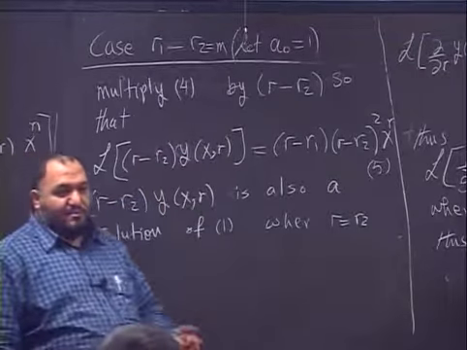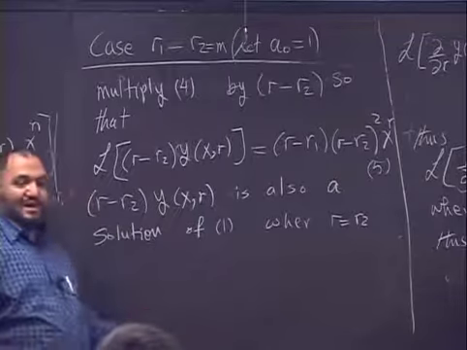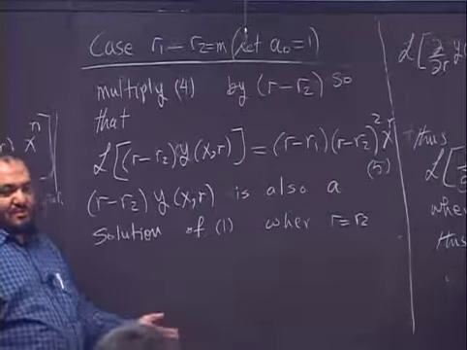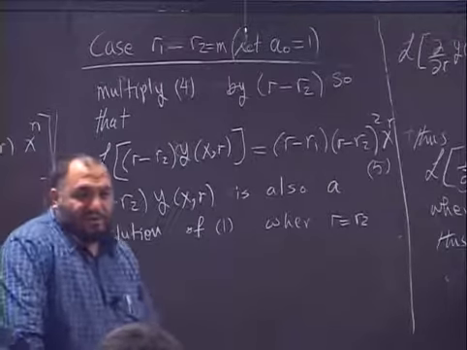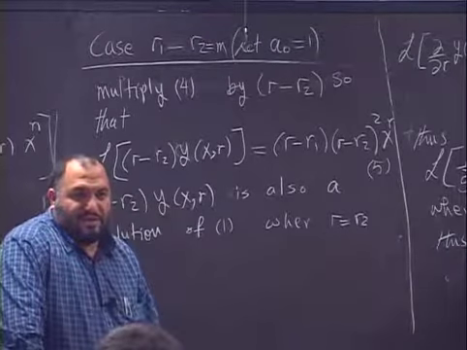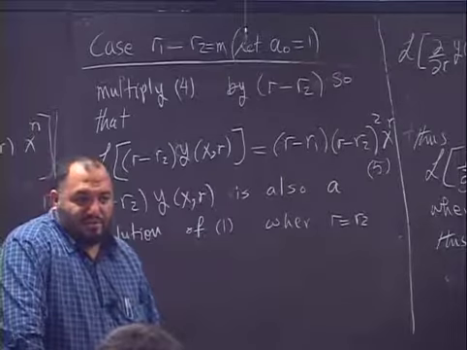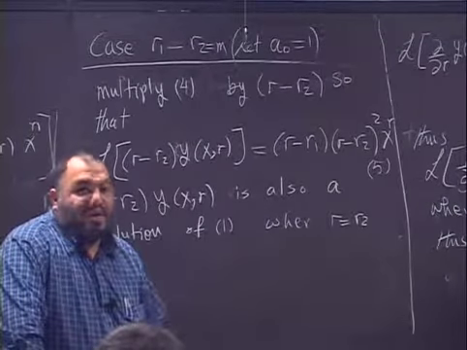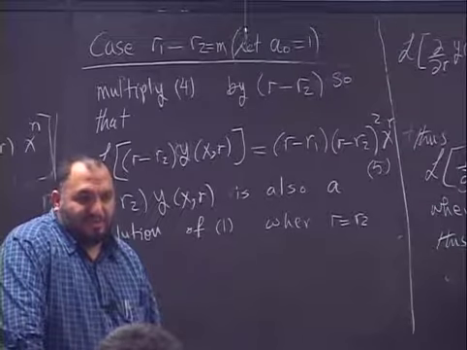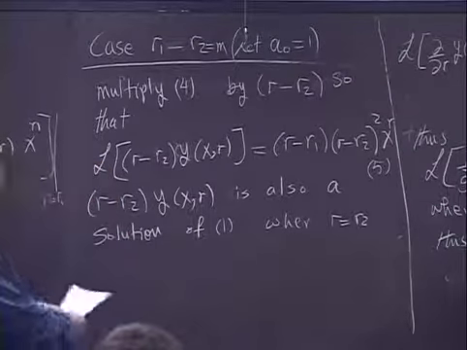So this is a solution. Yes? But do you think, is it linearly dependent or independent? Maybe we have a solution, but the two solutions are linearly dependent. So I cannot take it as a linearly independent solution for the differential equation. It cannot constitute the second solution.